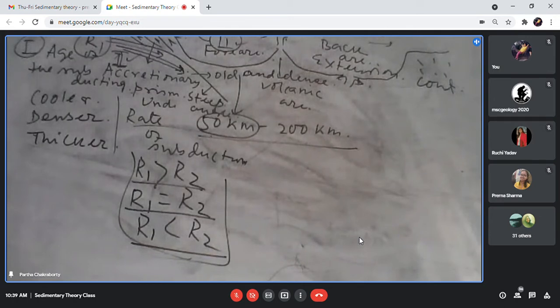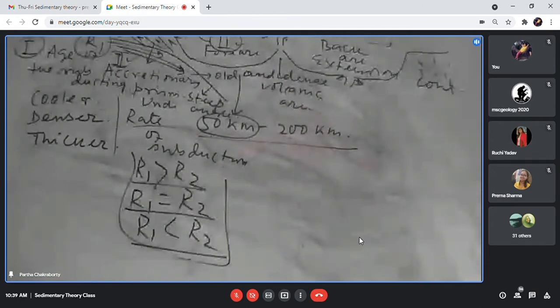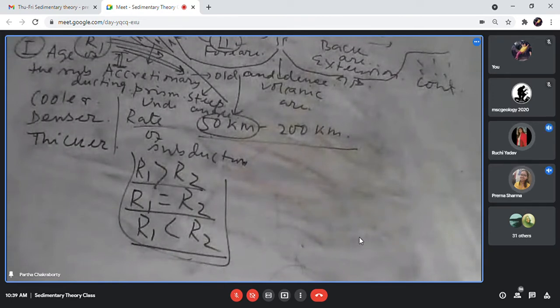Am I clear what I am saying? If the subducting slab is old, dense, and thick, then it will subduct at a high angle. Any angle of subduction more than 35 to 40 degrees is a high angle. Now, if it is a high angle, then the rate of subduction will exceed the rate of convergence.